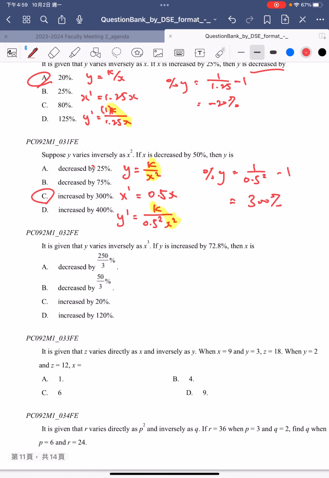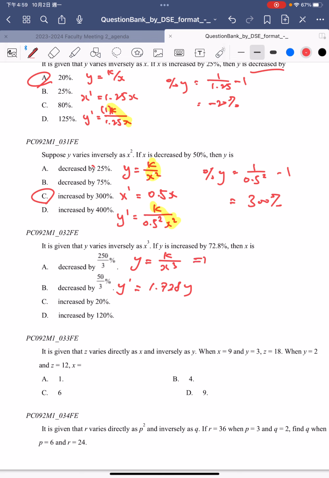So question 32, we have that y varies inversely as x cubed. So we have y is equal to k over x cubed. And now we have y is increased, so y is equal to 1.728 old y.